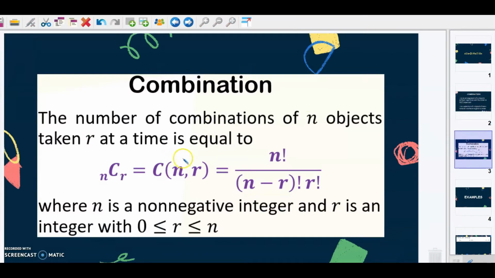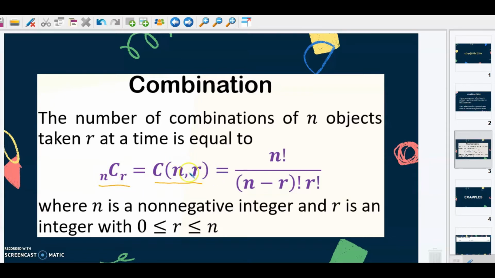And we have this as our formula in finding the number of combinations of n objects taken r objects at a time. So that is the combination of n taken r. We can have this notation or we can use this one. Any notation will do as long as for the first notation, n and r are both subscripts.